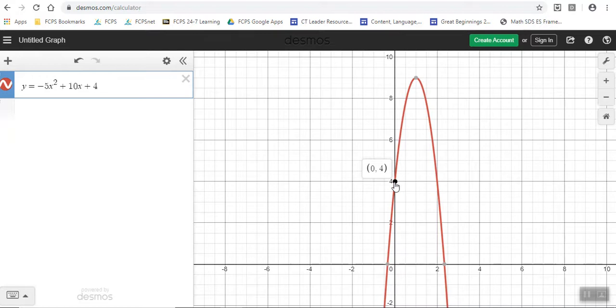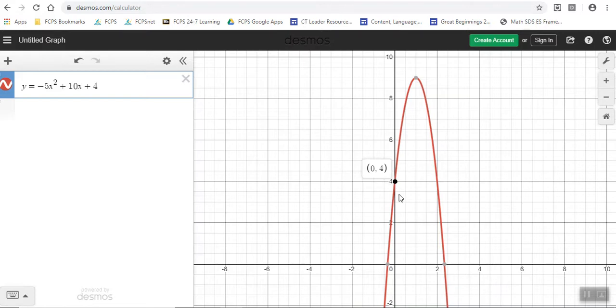Go ahead, Destiny. Okay, that's good. So the 4 is the height in feet, and then the 0 represents what? What's the x? So the 0 is the x, and if you look back at the directions, it tells us x represents the time in seconds.